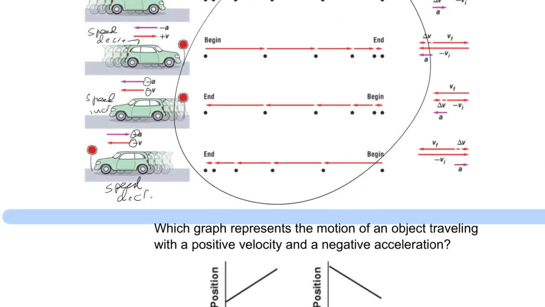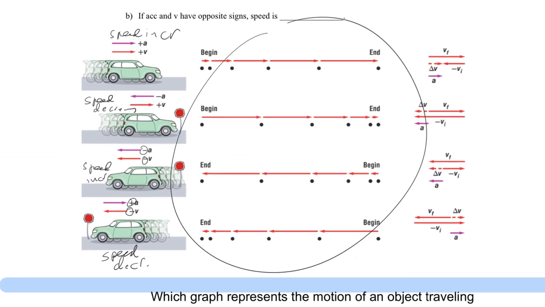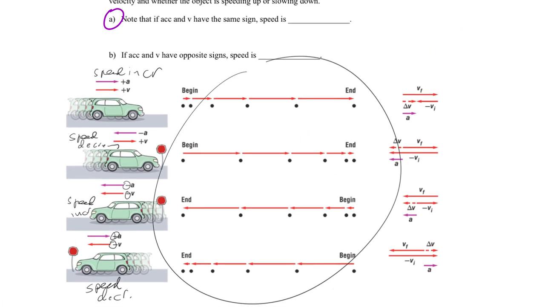Okay, so I should show you what the pictures look like for these. Each one, let's just do this again. The graph for this one would look like the D versus T graph. Would look like this. Positive velocity increasing.